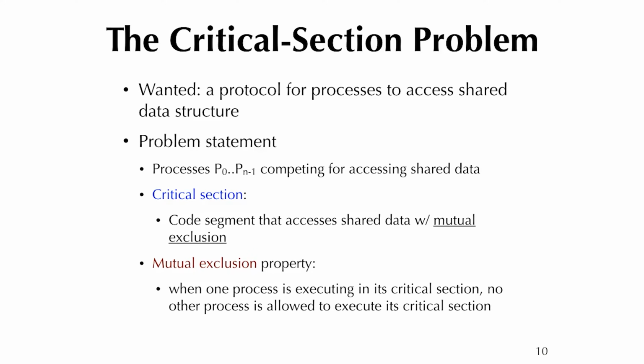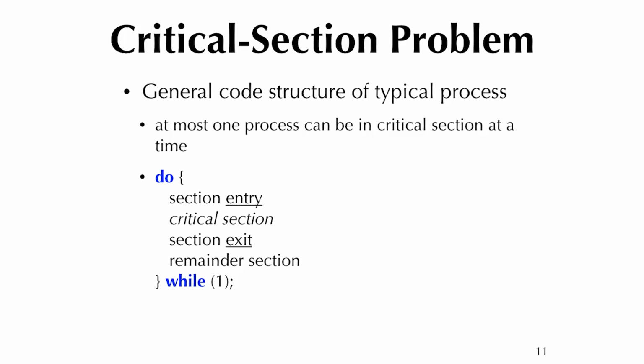It's, for one, unnecessarily restrictive. For another, it actually does bad things to the performance. So the critical section has this general structure. Well, not that all processes are like that, but you can imagine a process is somewhat just repeating itself.